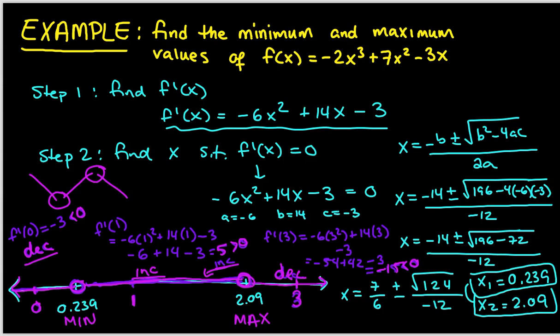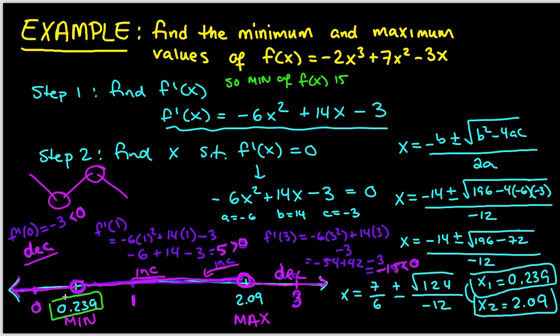So let's write a little conclusion up here: the min of f of x is, well, what is it? How do we know what it is? Well, we know it occurs at this point.